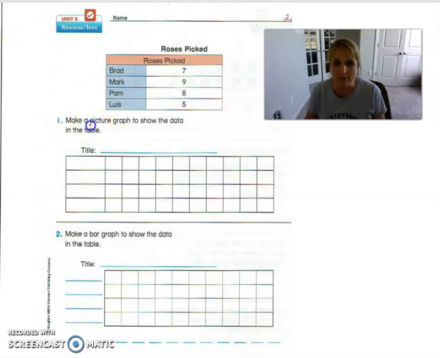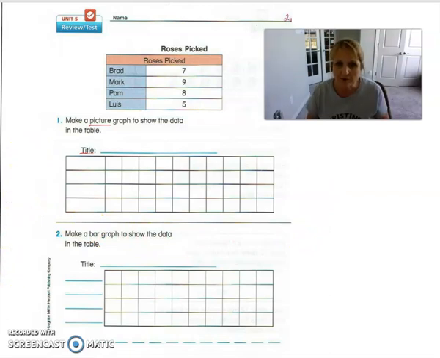So you would draw a picture of a flower in each one of the boxes. Make a picture graph to show the data in the table. Don't forget the title. The title is always the same as it is up here. Write your title and then make this graph using pictures. You may pause the video right now and go ahead and get started.